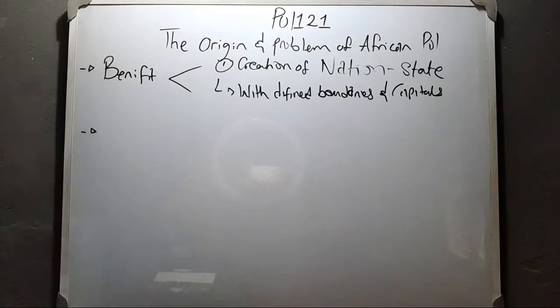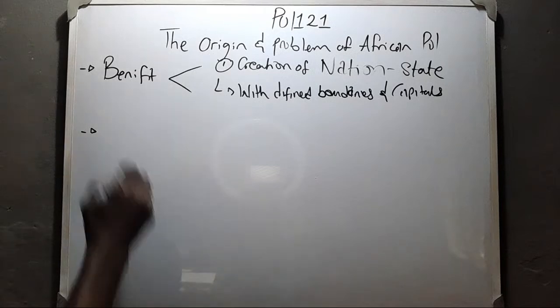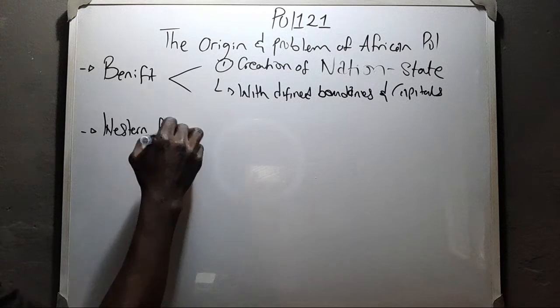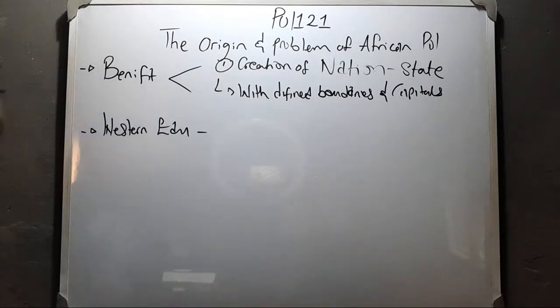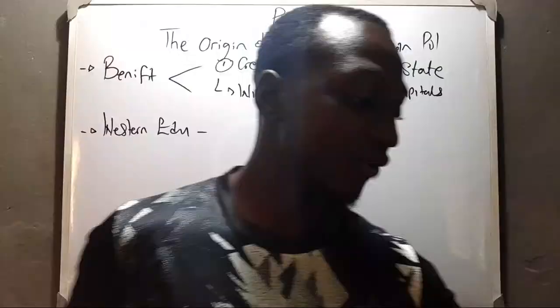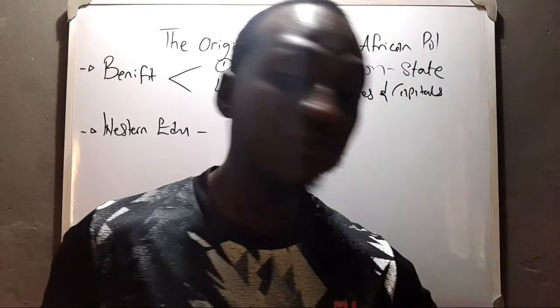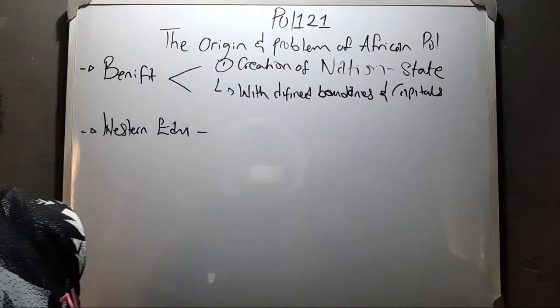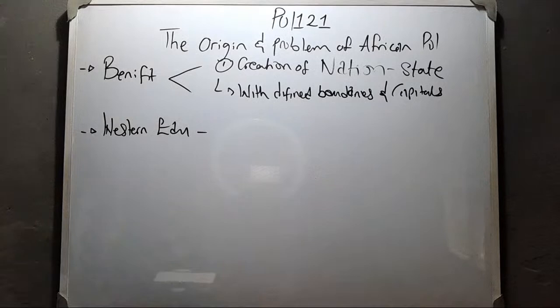Also we have Western education. I believe it is no news to the majority of us that even the so-called Western education has a lot of entities, a lot of groups against it, the likes of Boko Haram and a lot of other Islamic groups.